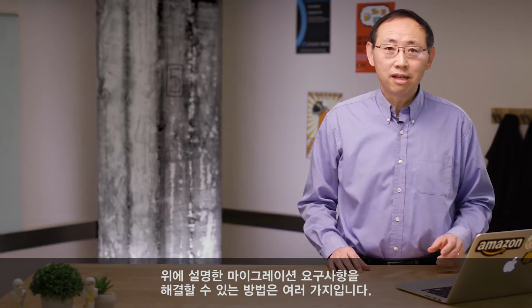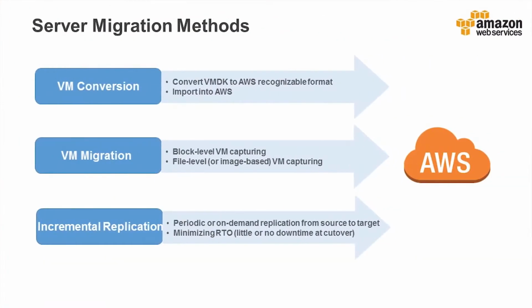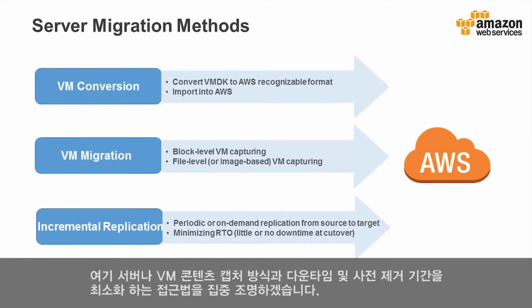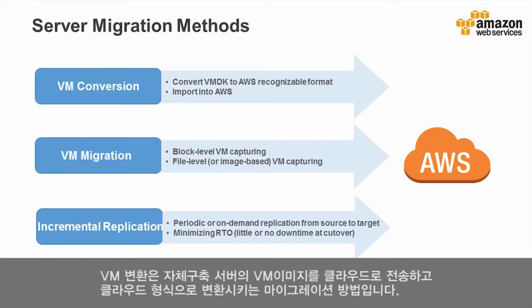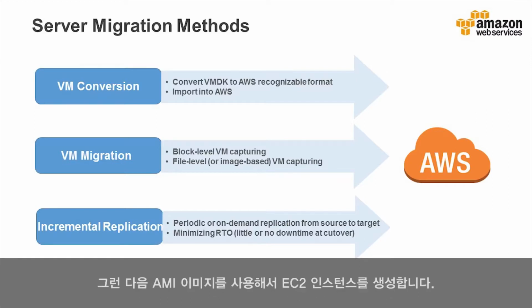A number of methods can address the migration requirements just described above. Here we highlight a few methods in terms of ways to capture server or VM content and approaches to minimizing downtime at cutover. VM conversion is a migration method that transports VM images on-premise to the cloud and converts them to the image format used in the cloud. For example, a VMware VMDK image is imported into AWS, then converted to an AMI image.